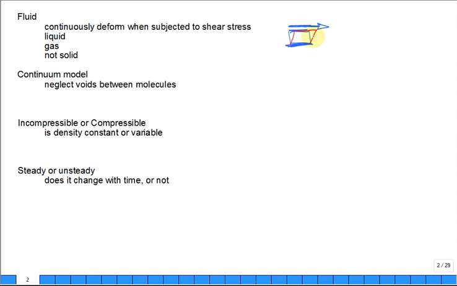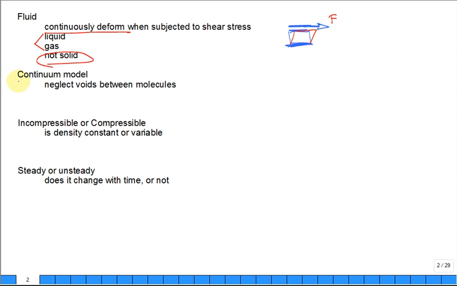But if it's a fluid, it'll shear at a continuous rate proportional to the force F that I apply. So it'll continuously deform when subjected to a shear stress. Liquids and gases are good fluids. Solids are not. Duh.